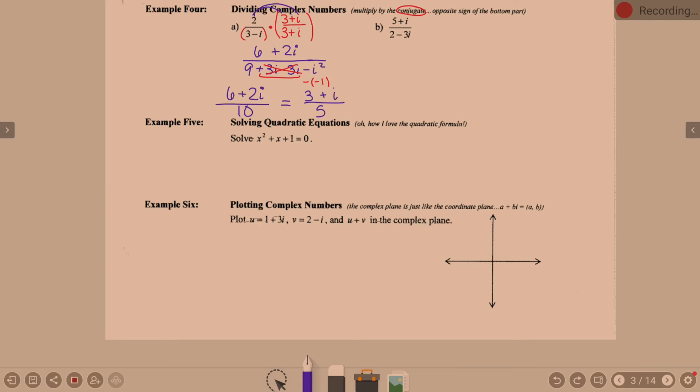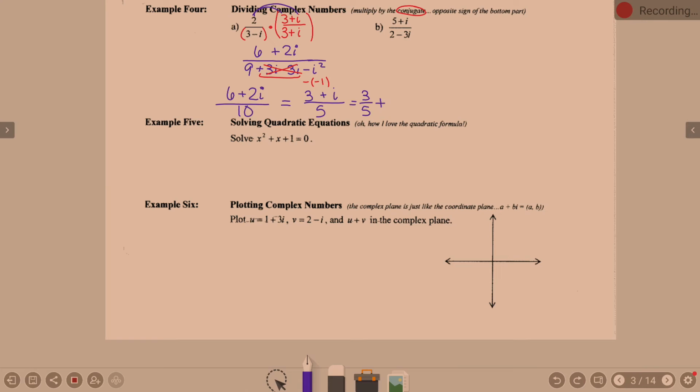Okay, I'm running into the next problem. They're going to go one step further and say, okay, if we want it in the complex form of a plus bi, right now it's all one fraction. So if we separate this out and make it a real part a plus an imaginary part bi, we can break this into 3/5 plus, did I write it as 1/5 i or i over 5?